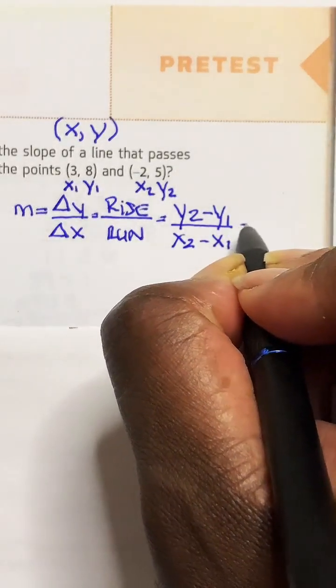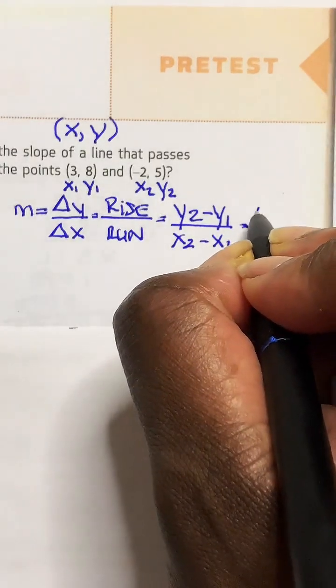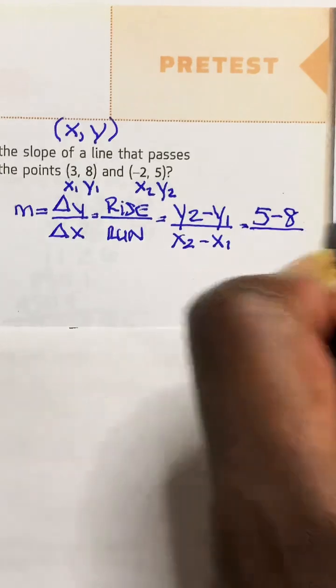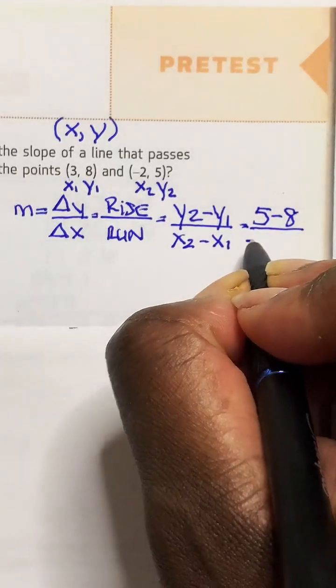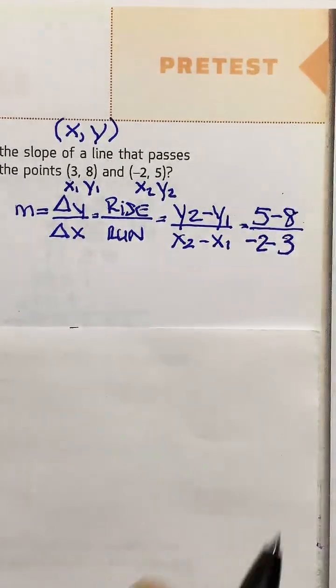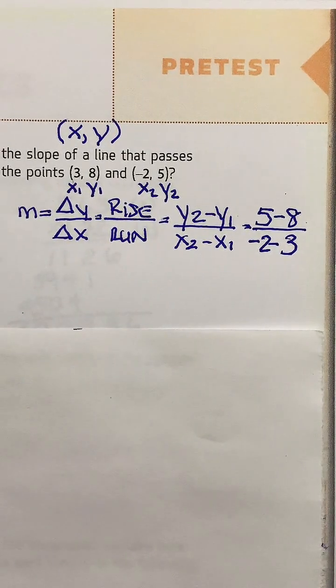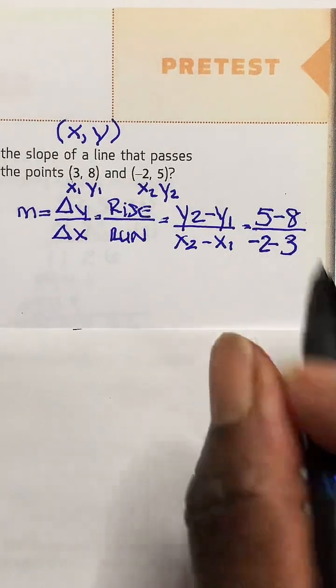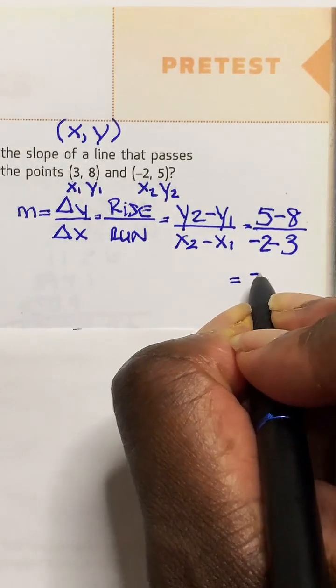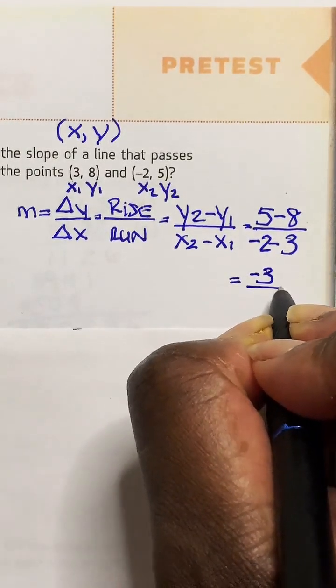When we plug it in, we're going to have 5 minus 8. And your second point, the X is a negative 2, minus 3. So now we just have to do our subtraction. 5 minus 8, I'm going to put it underneath here because I ran out of room. That will give me a negative 3.